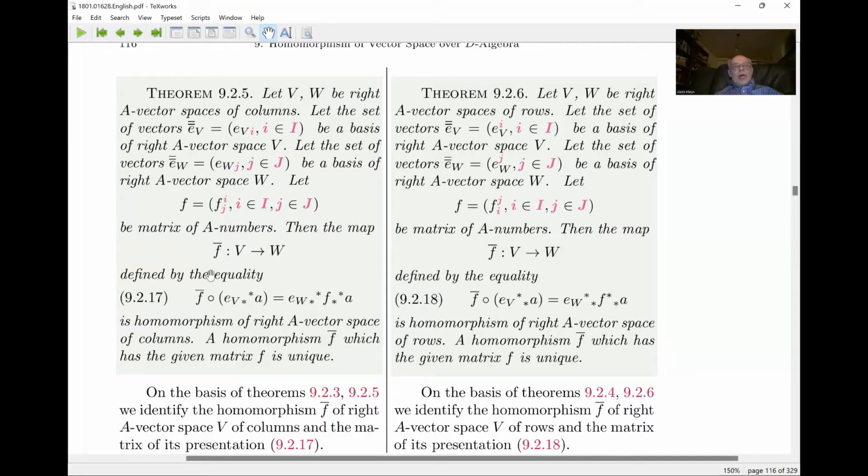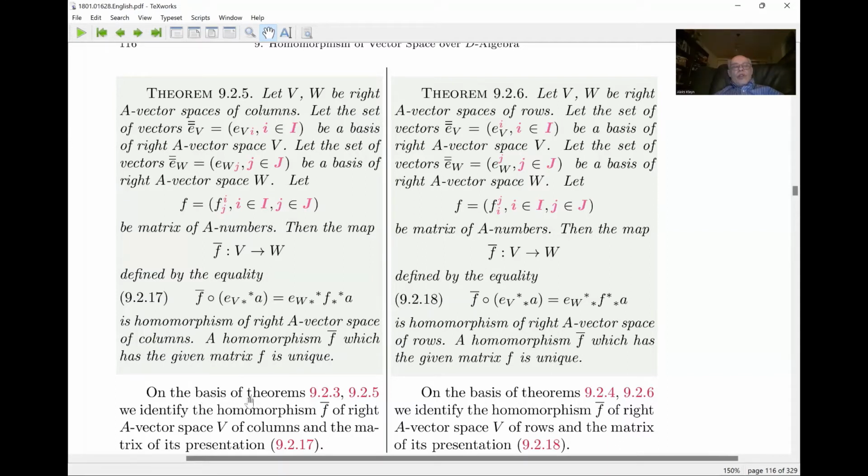Then the map F, defined by equality 2.17, is a homomorphism of right A vector space of columns. The homomorphism F, which has the given matrix F, is unique. A similar theorem is true for right A vector space of rows, but instead of equality 2.17, we have equality 2.18.